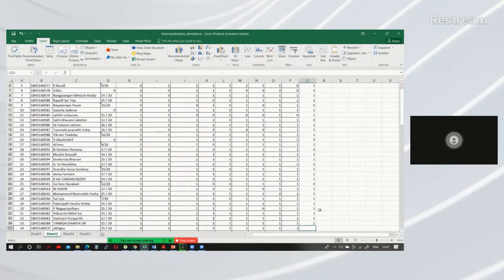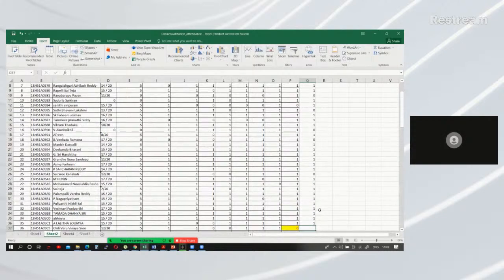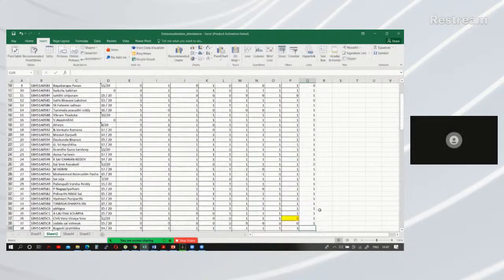C0, present, sir. C1, present, sir. C5, present, sir. C8, sir, 585 present, sir. 585, just a second.